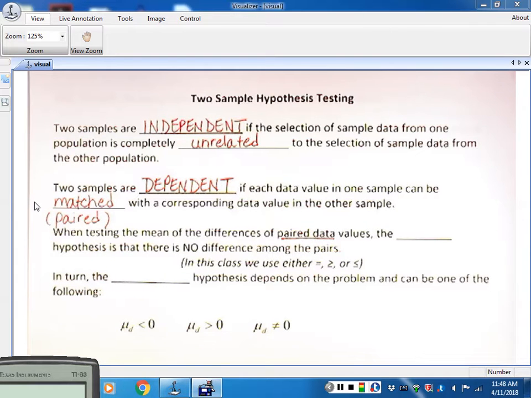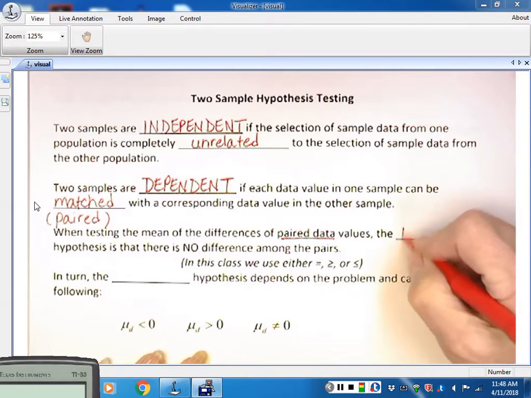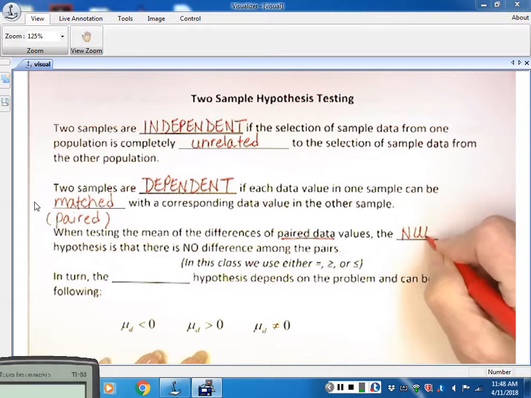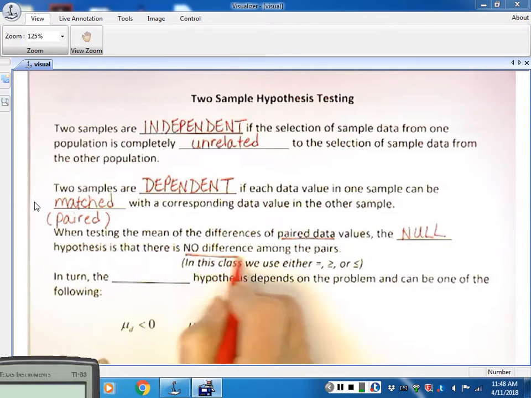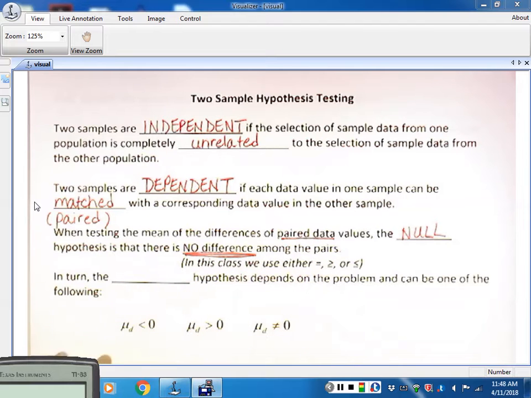The null hypothesis always says that there is no difference. That's really kind of the same thing that we did in Chapter 8, because what Chapter 8's null hypothesis could have been worded to say is there is no difference between this number and the actual mean of the population.